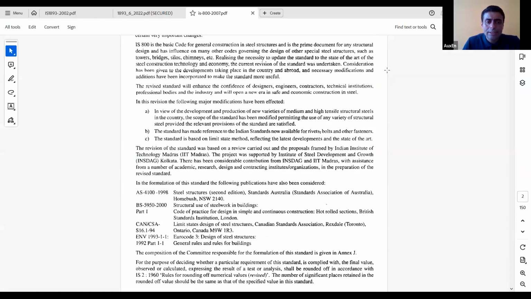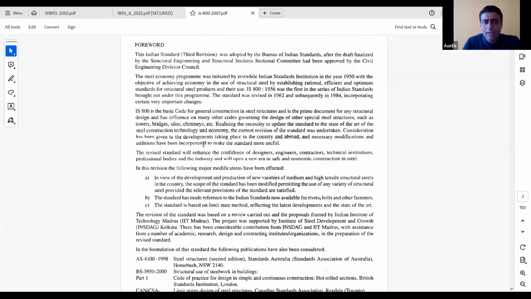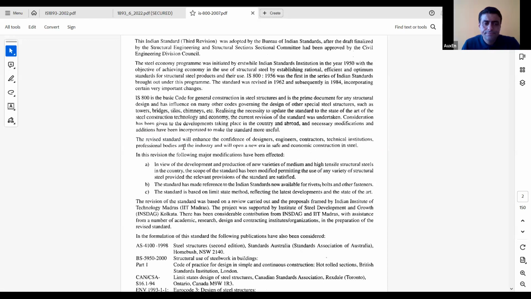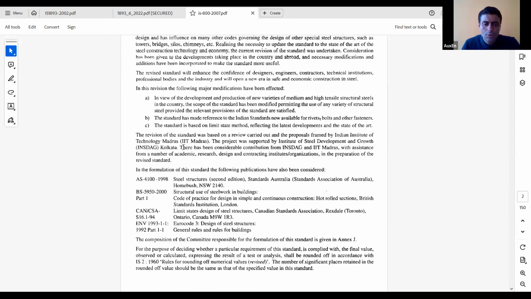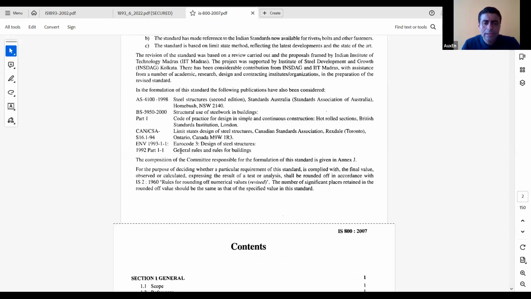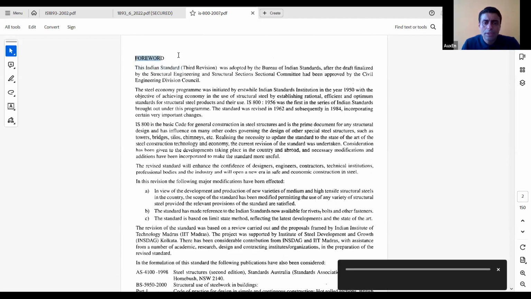I'll just take you to IS 800 2007. It was a major revision because before that you had IS 800 1984, which was based on the working stress method, and when it got revised in 2007, it was a major revision. Generally you must always read the foreword of any code that you are reading.